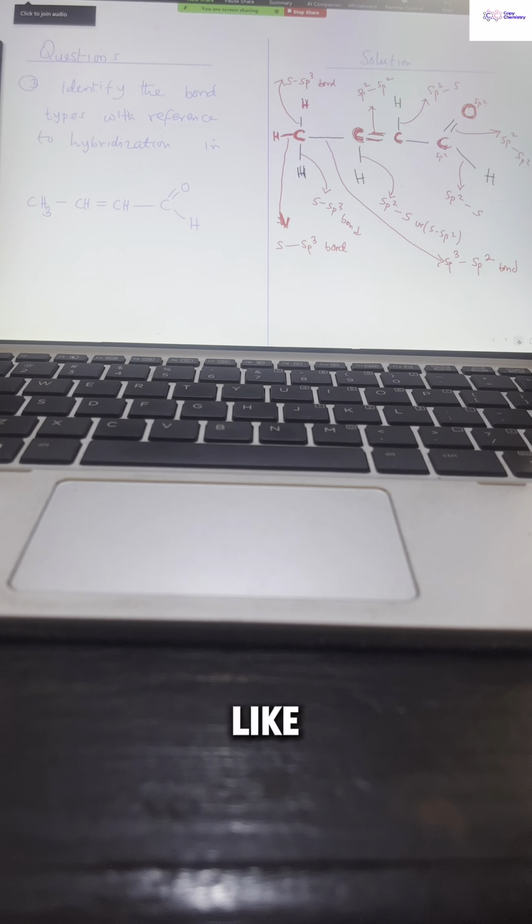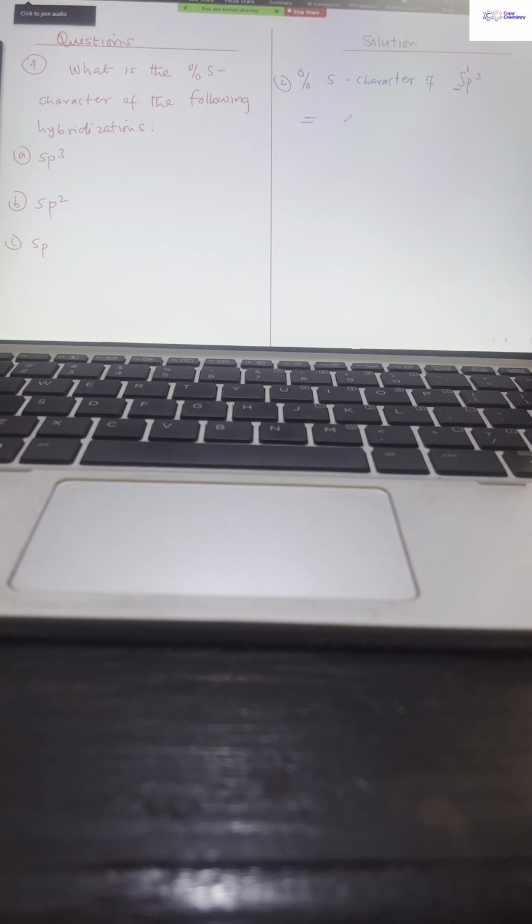The s is like 1, the sp3 is like 4 things together, and then you have 1 over 4. So basically s over sp3 times 100%, which translates to 1 over 4 times 100%. That's 25%, right?